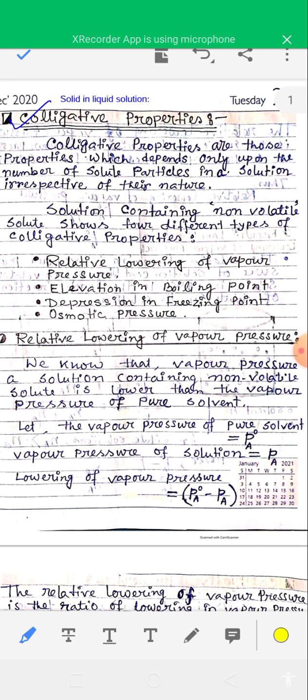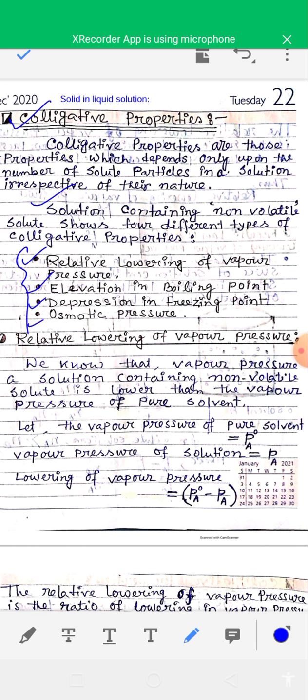Okay, so a dilute solution containing a non-volatile, non-electrolytic, non-associative, non-dissociative solute shows four different types of qualitative properties, and these qualitative properties are relative lowering of vapor pressure, elevation in boiling point, depression in freezing point, and osmotic pressure.